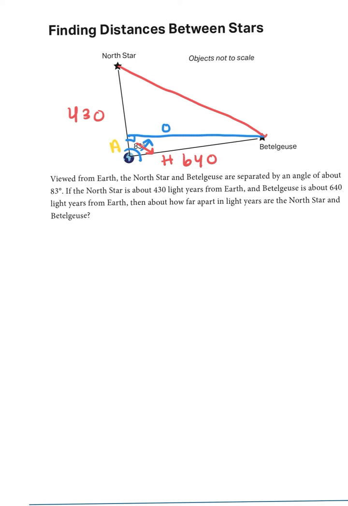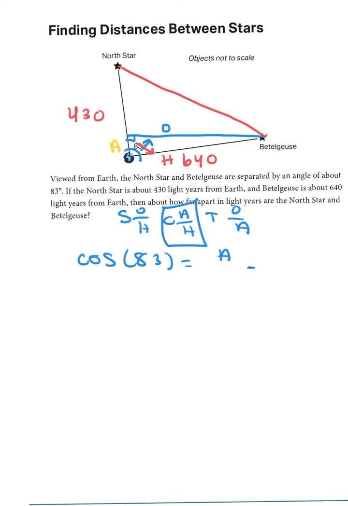So we have SOHCAHTOA. They give me H and I want to find A, so that means that I'm going to use cosine. So I have cosine of 83 is equal to A over H, which is 640.